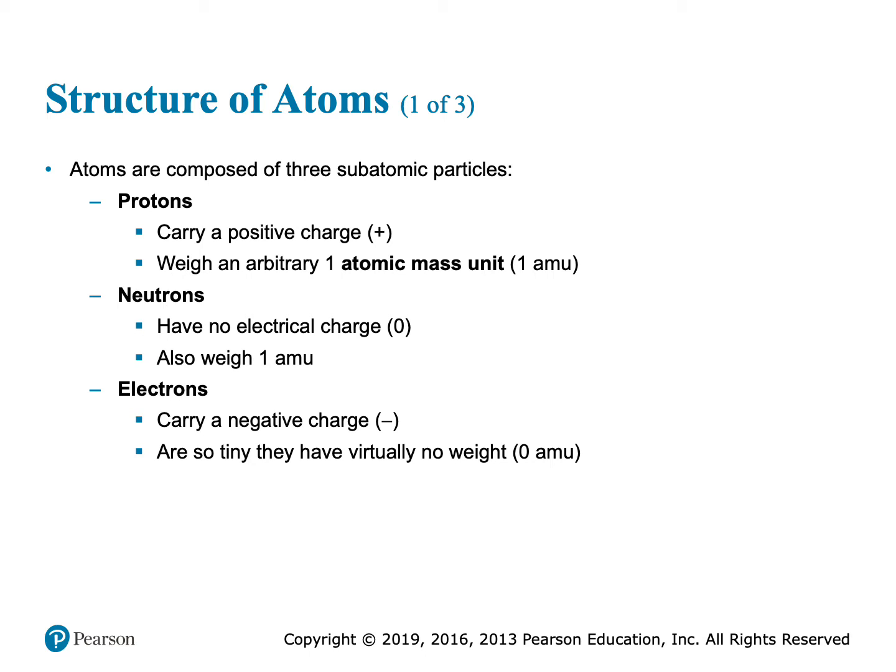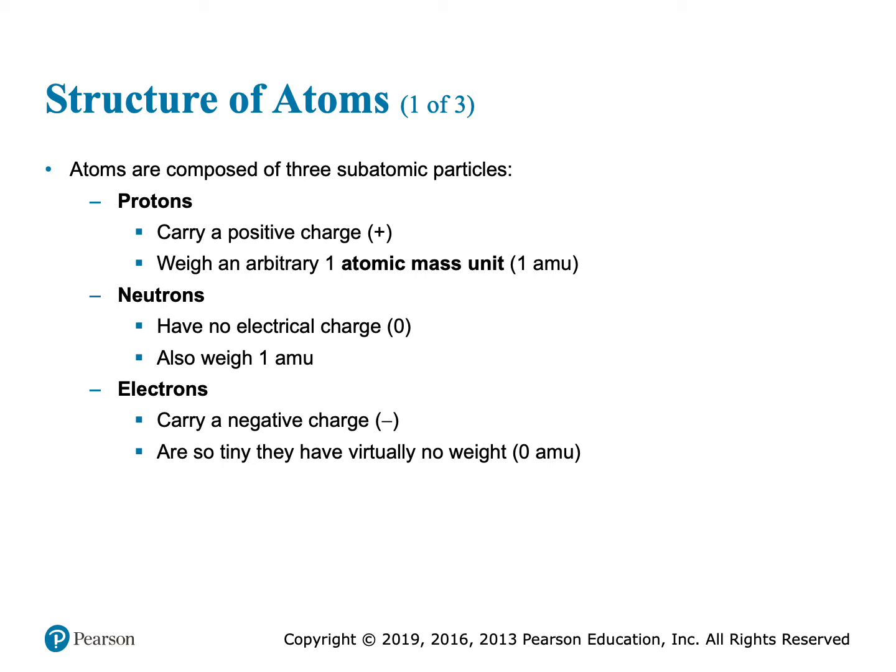Neutrons don't have a charge. They're neutral. So there's that Latin derivative right there. They also weigh 1 atomic mass unit. And electrons are super tiny little things that are zooming around the nucleus, just like in Harry Potter. What was that thing called in Quidditch? The snitch. Zoom, zoom, zoom.